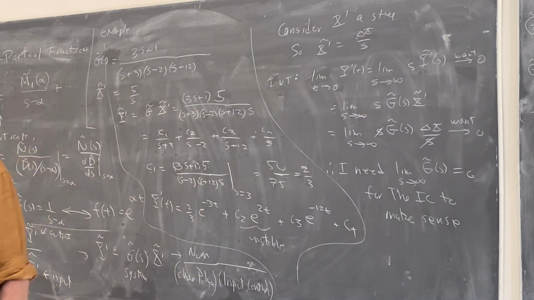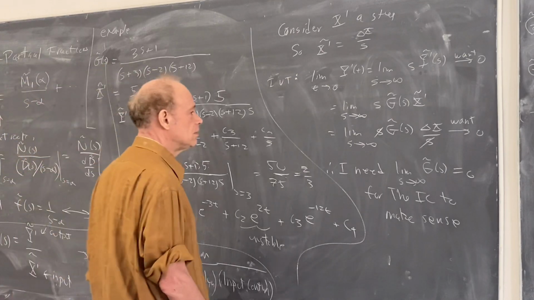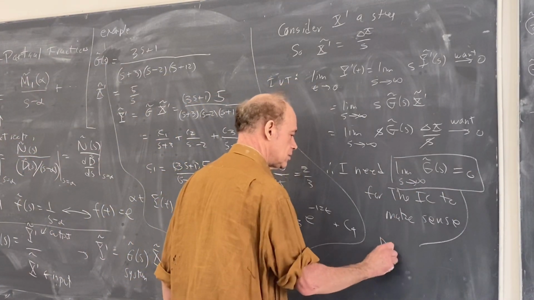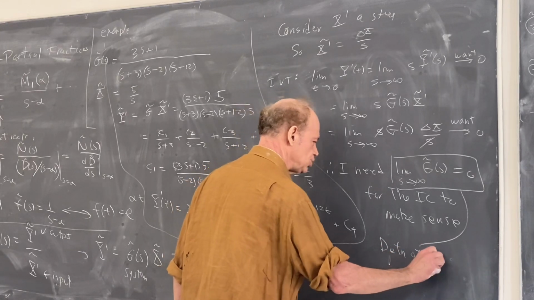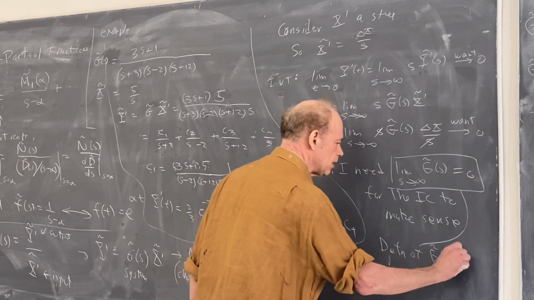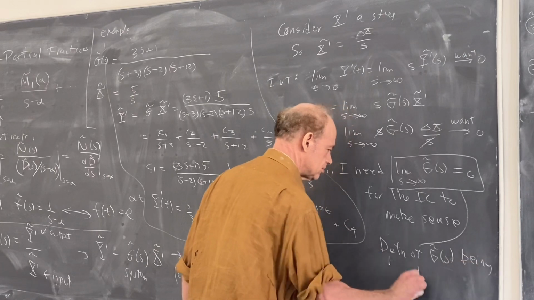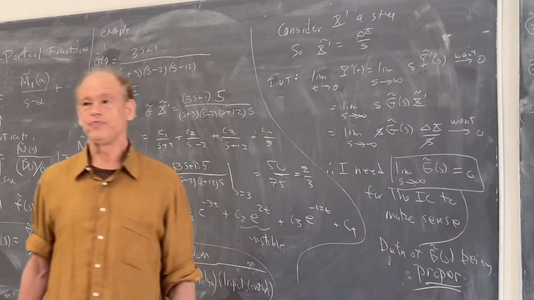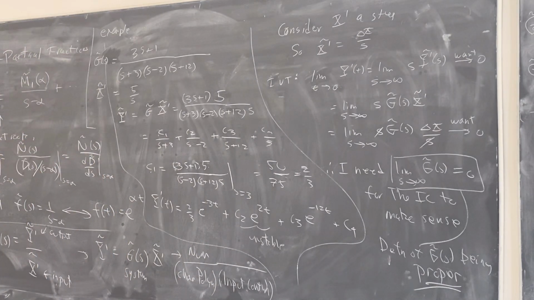So this is the definition of G tilde of S being proper. We call G tilde proper if the limit as S goes to infinity of G tilde of S is 0.